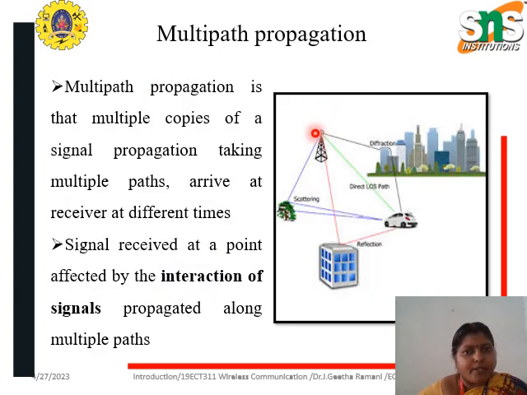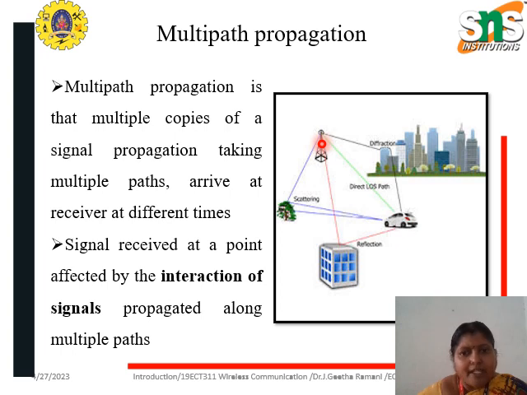Another important concept in wireless communication is multipath propagation. From the name itself, you might understand that a wave in wireless communication takes multiple paths. That's why it is called multipath propagation. See here, the wave is generated at this point.